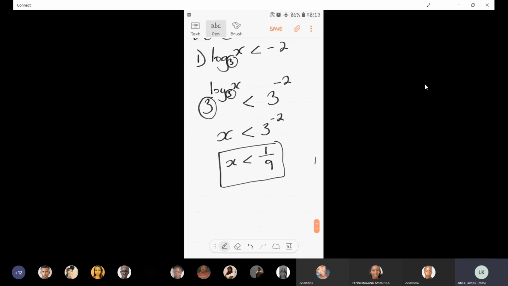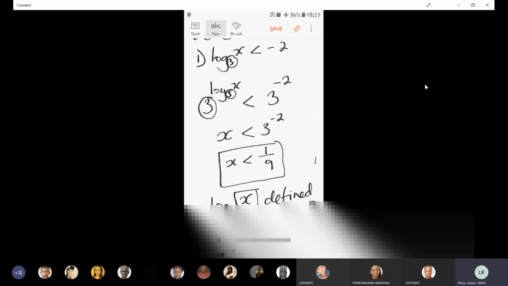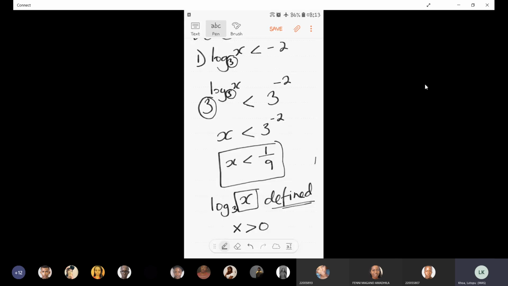Now when I give you this question, log base 3 of x, this must be defined. Okay, so in order for this to be defined, the argument over here, x, should be greater than 0. So if x is greater than 0, then it will be defined.